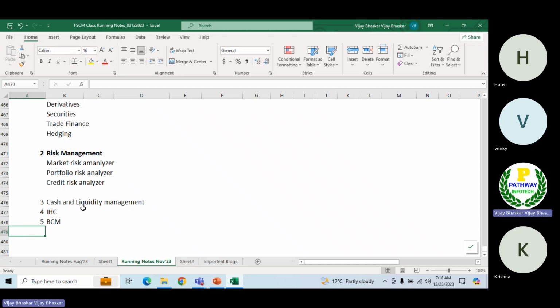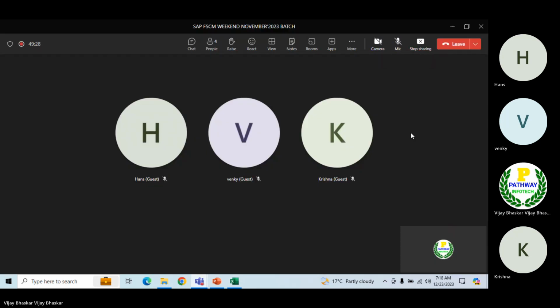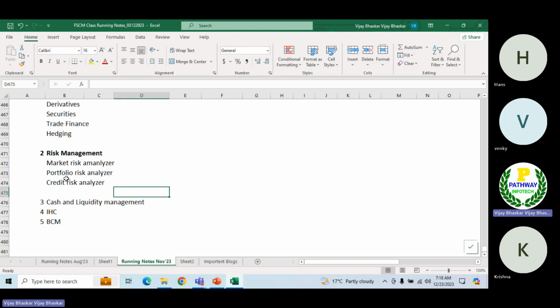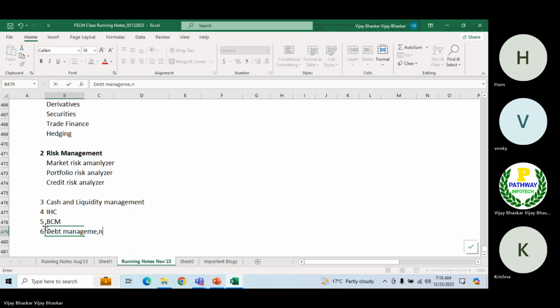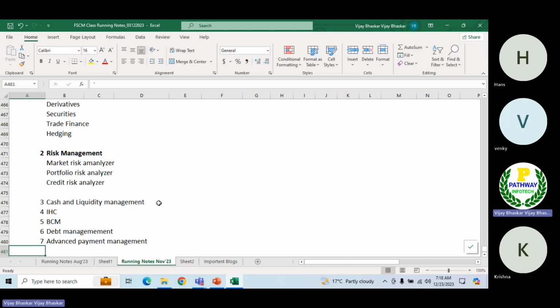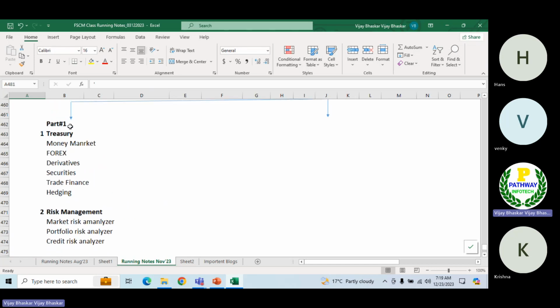So these are the functionalities of treasury and risk management which we will perform. There is also debt management and advanced payment management. So there are different functionalities which will be part of treasury, part 1.